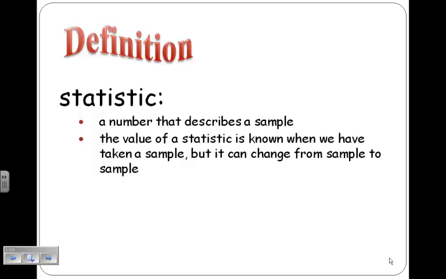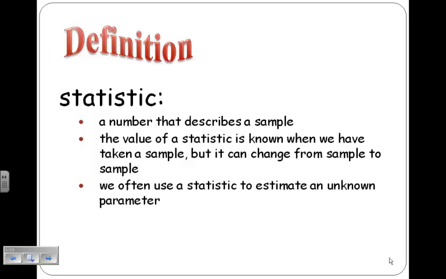Whereas a statistic we know because we've taken a sample, we've asked 100 people or 1,000 people or whatever it is, and we have that data in front of us, and we can actually go about calculating the mean or the standard deviation or whatever it is we want to know. That is a statistic, and it will change. If I select 100 people today and then I select a different 100 people tomorrow, the value of the statistic will change from sample to sample.